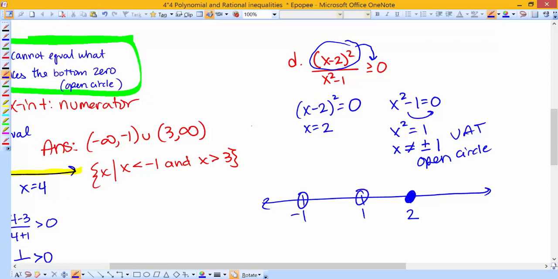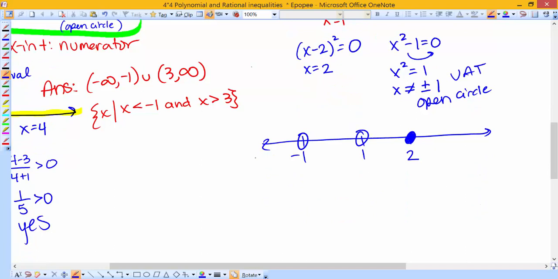And now I just have to test points. So I'm going to test -2, 0, 1.5, and then 3.